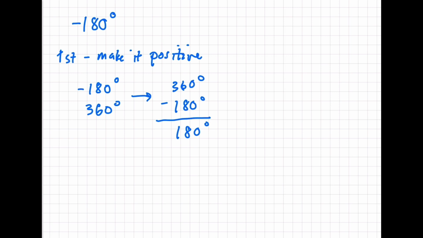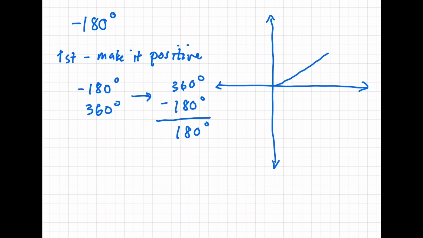How can we show that in the Cartesian plane? This is how. Remember that when you draw an angle, the direction is always counterclockwise for positive and clockwise for negative. So let's use this one as an example. If I'm going to draw negative 180 degrees, this is how it's gonna look.